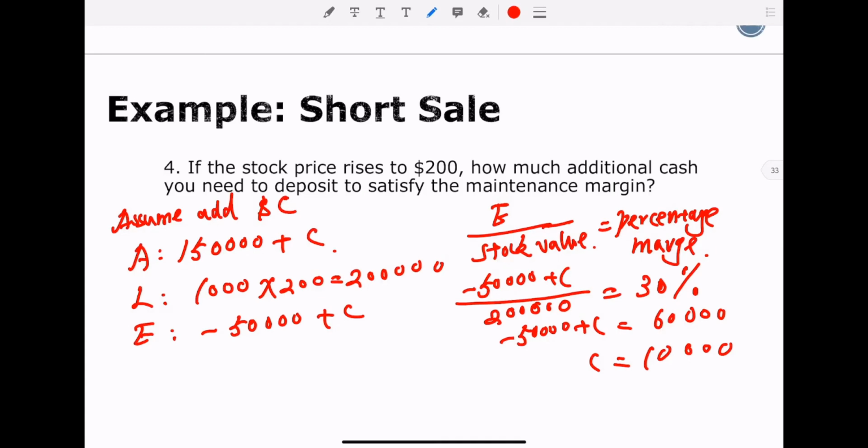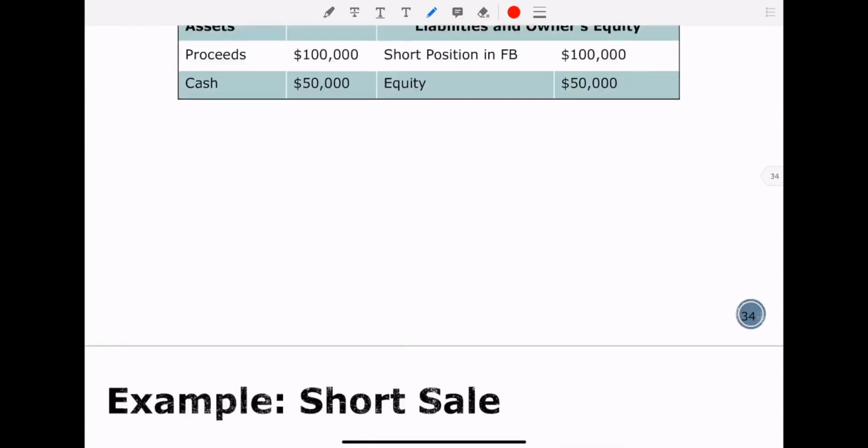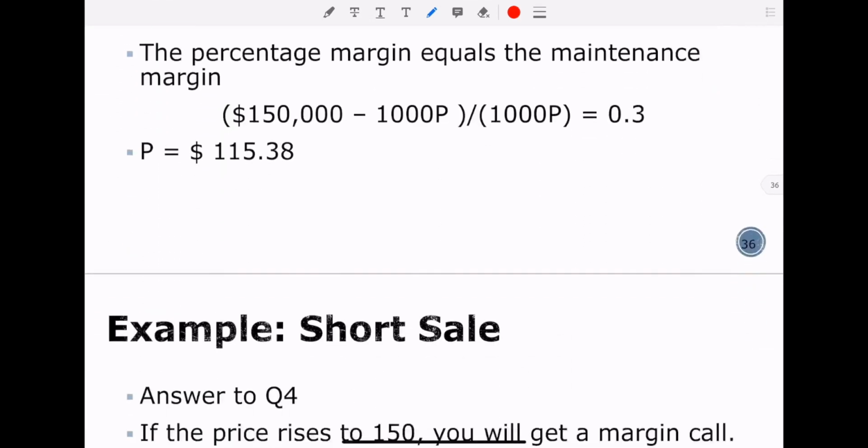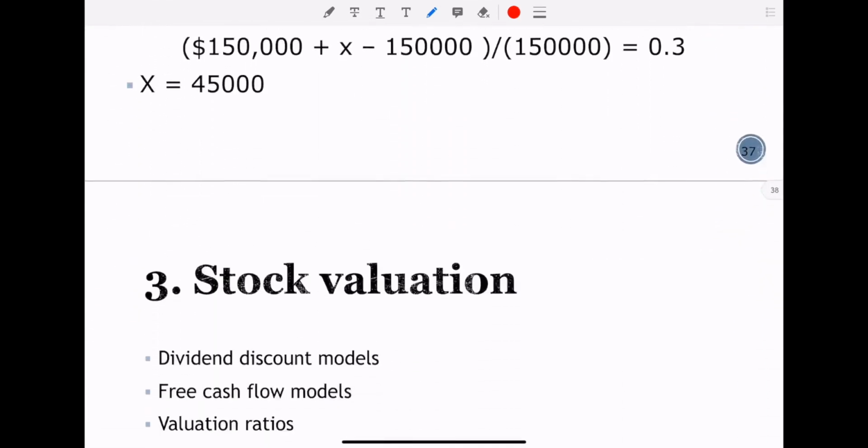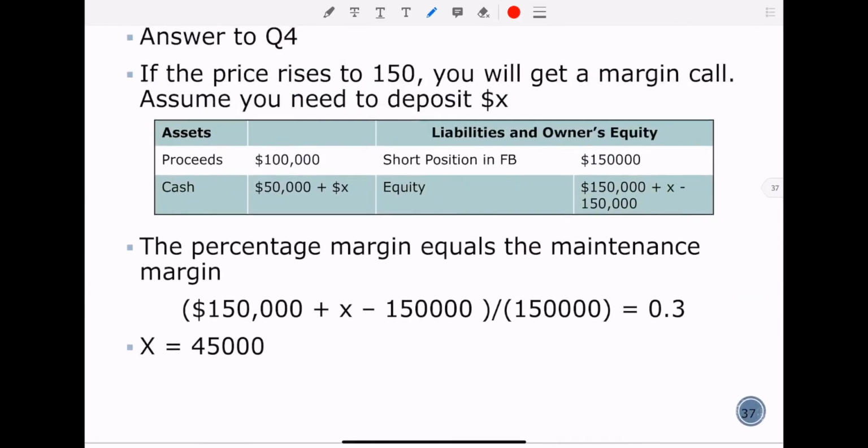So in this case, you will need to add a lot of additional cash to satisfy the margin requirement. So basically, I would say if you're doing a short sell, you might want to be careful if you're short selling a small firm, due to the volatility of small firms' equity. Okay, so you can see that you also have these more tidy answers here.